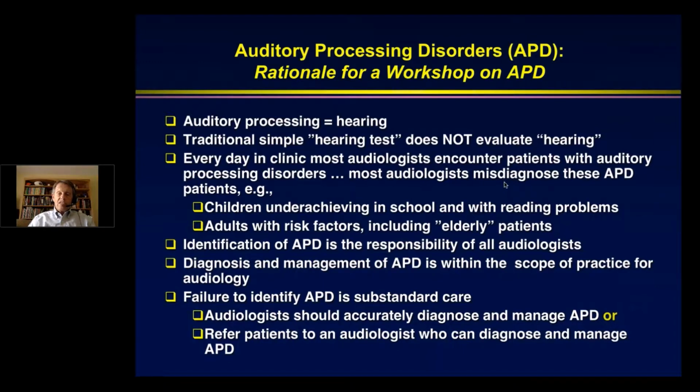And I have numerous cases. I've documented some of these cases in peer-reviewed publications, that with the right intervention, a year later, you can't identify any evidence of an auditory processing disorder. The brain has essentially been improved, brain function. You've really, truly remediated their problem.